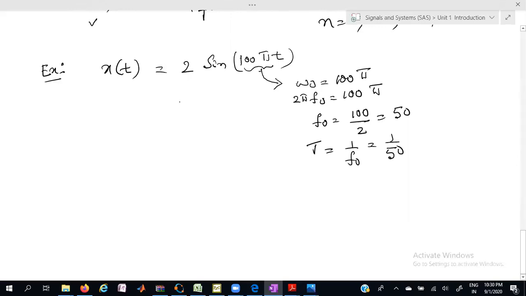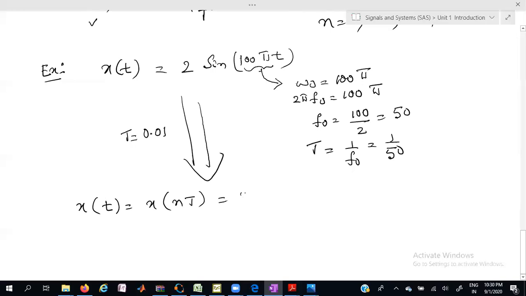Now if I want to sample this signal, let me assume that I am sampling at regular intervals, say 0.01. Therefore, the sampled signal can be written as x of nT, and that is equal to x of n.